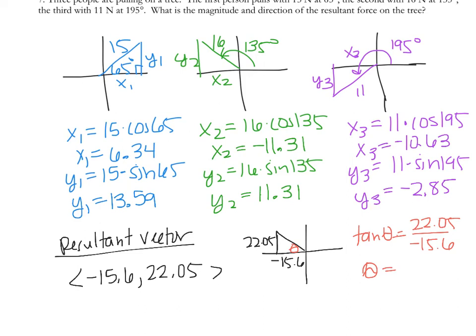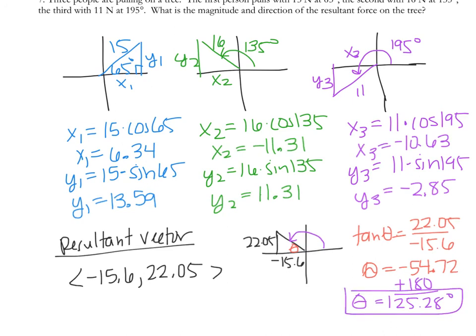And you're going to get theta is equal to negative 54.72, but we need the answer that would be in the second quadrant. We need the answer that would be here. So we're going to have to add on 180 to get our answer. And you should get that theta is equal to 125.28 degrees. So there's our direction, our angle.